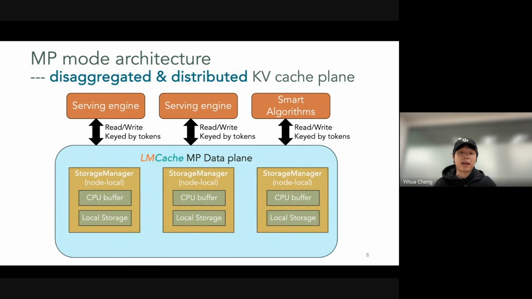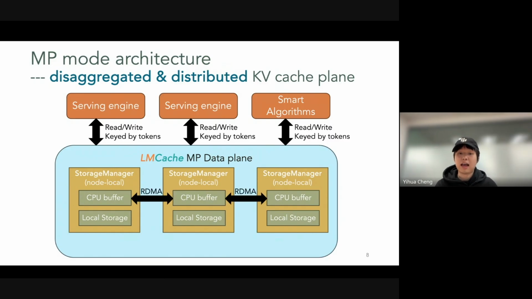And inside this LMCache MP data plane, underneath that, there is actually a distributed architecture where on each node there is a node-local storage manager that contains the local CPU buffer and the local storage.